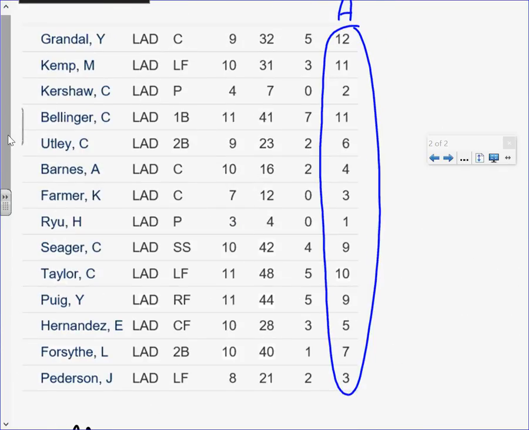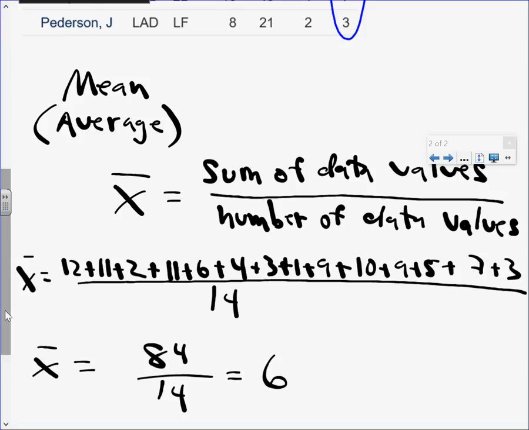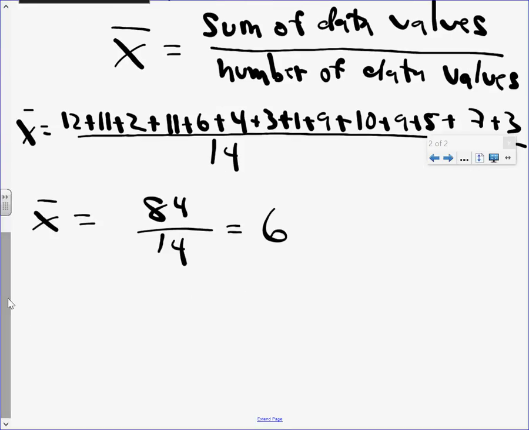I added all these up. So far, so good? Divided by the number of data values. How many were there? 14. That's it. X bar equals 6. What that means is the typical or average amount of hits a typical Dodger player would have is about 6 hits. That's the average amount of hits.